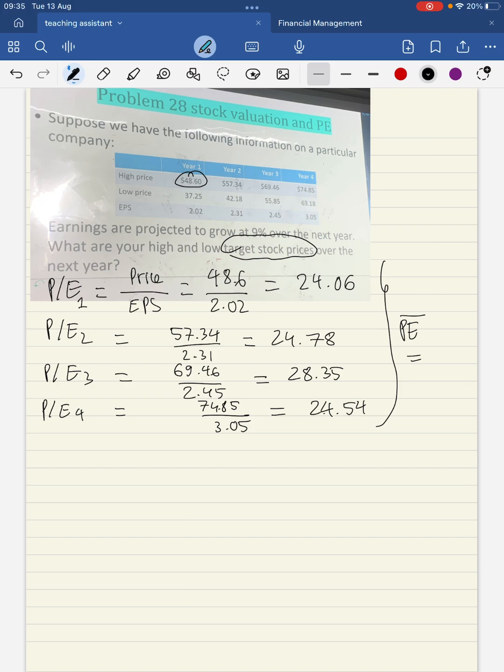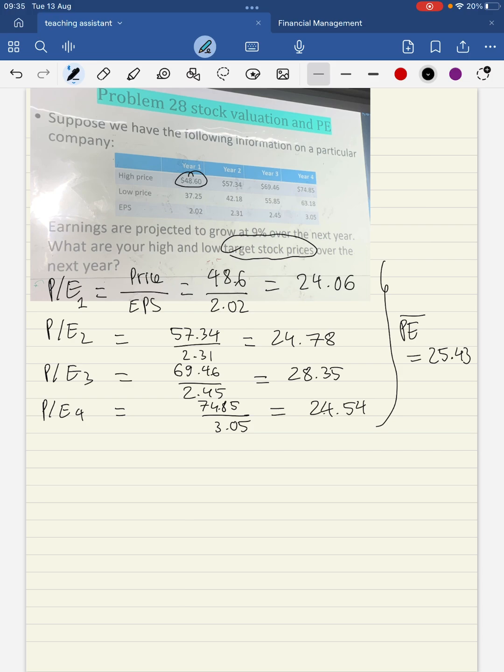This gives us the answer of 25.43. And as we know, the price to earning ratio is equal to price divided by the earning per share. Therefore, the price should be equal to PE ratio times EPS.